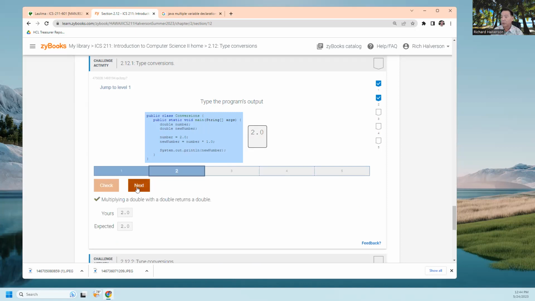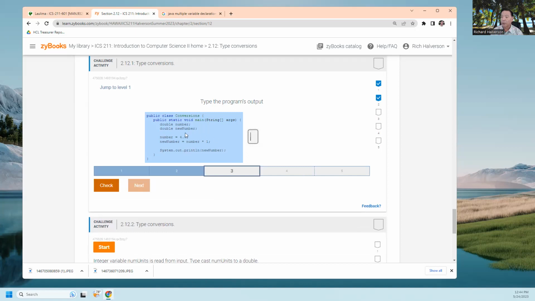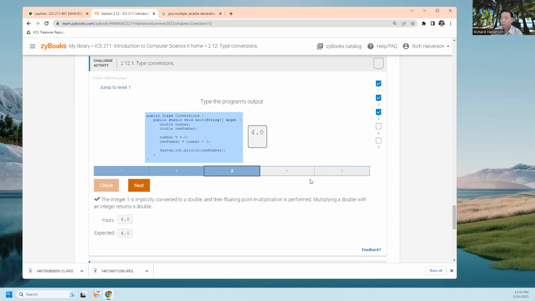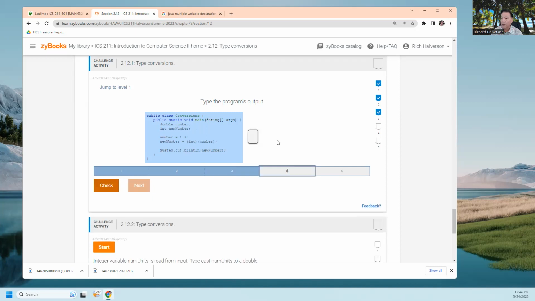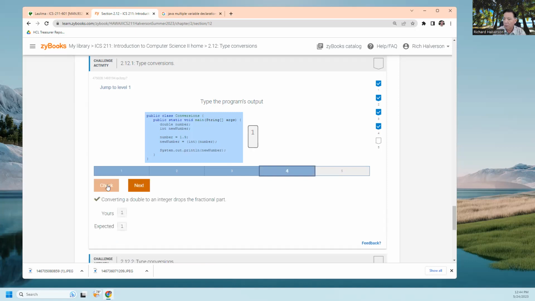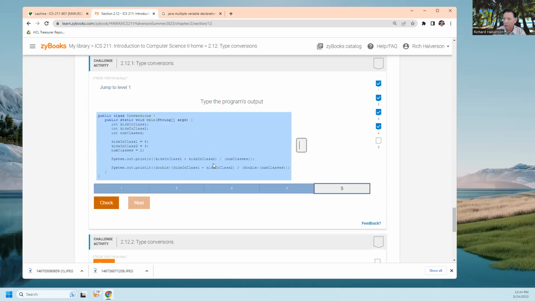Yeah, okay, it does print the decimal point. Here we've got some doubles and some doubles, and we're going to print 4.0, I believe. They're all doubles. And the last one is, we have a number, and then we integerize it, so it becomes 1. Yep, drops the fractional part.